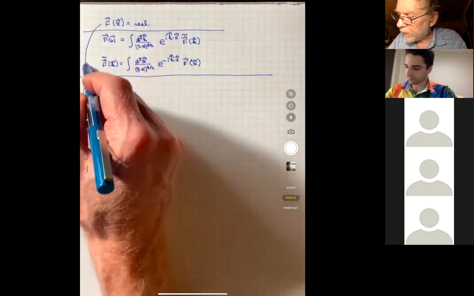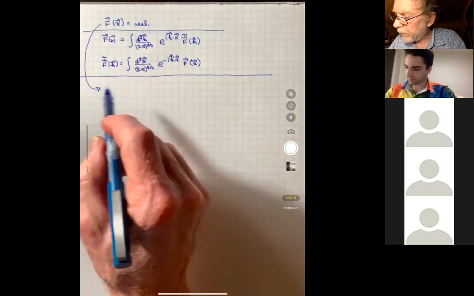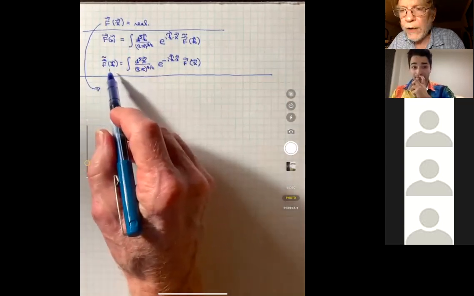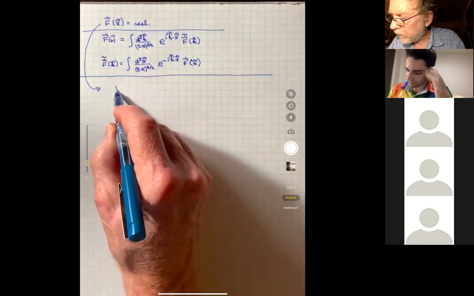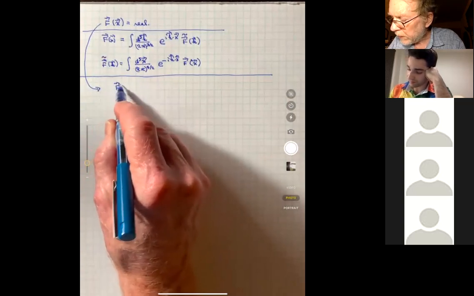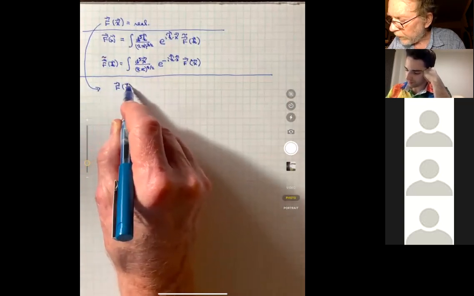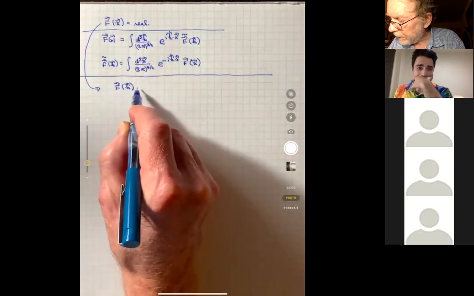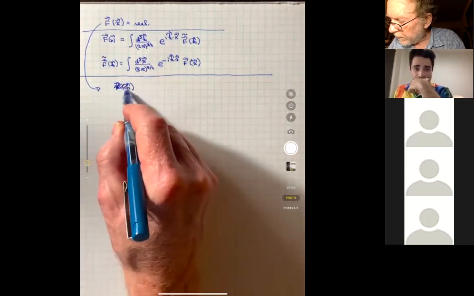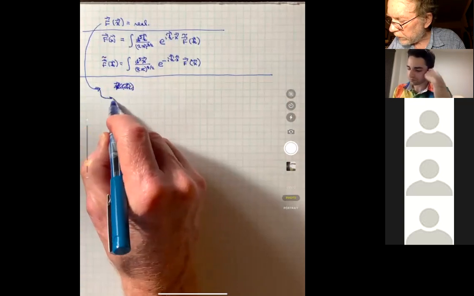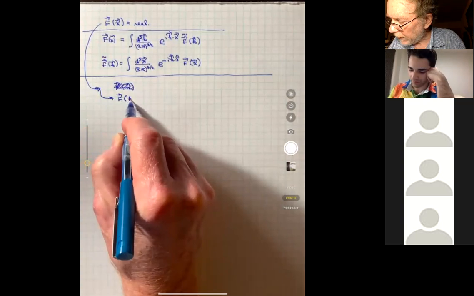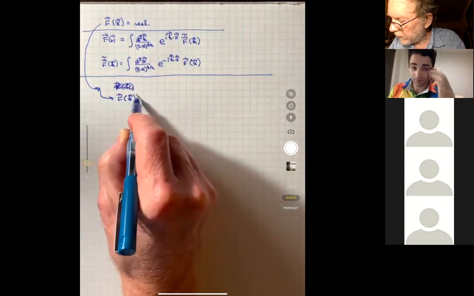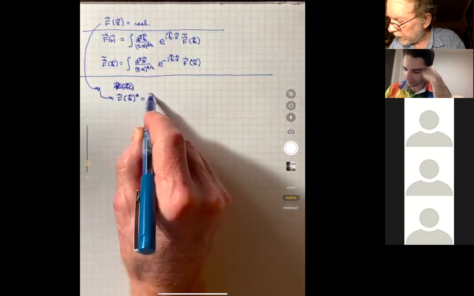Okay, so the Fourier transform, a couple of things to say. The fact that f of x is real does not imply that the Fourier transform f of k is real. F of k, in fact, is a complex vector field on k space. However, it satisfies the following condition: f of k complex conjugate is equal to f of minus k.